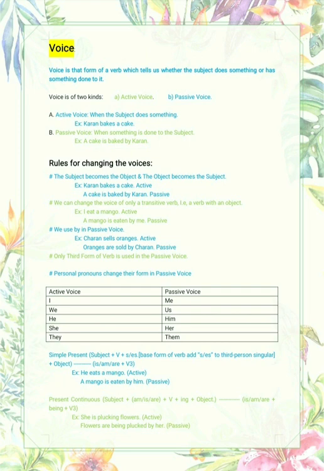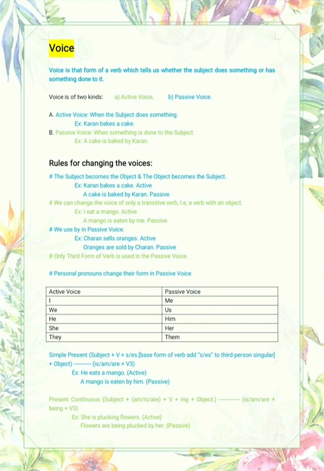And verbs which have two objects, direct and indirect both, are known as ditransitive verbs. Here I have used one sentence: I eat a mango. This entire sentence is in active voice and it can be changed into passive. Why? Because the verb eat has an object, that is mango. So, a mango is eaten by me.